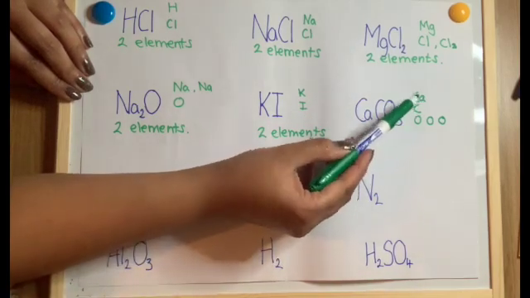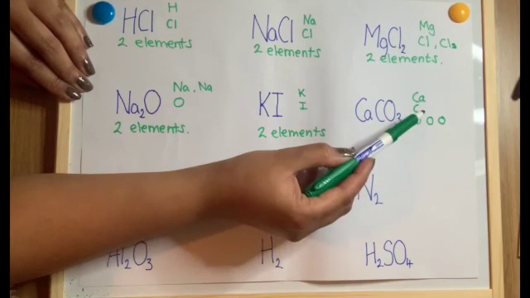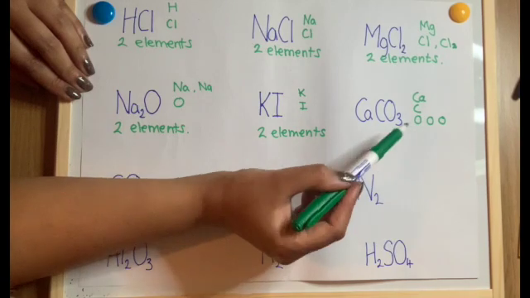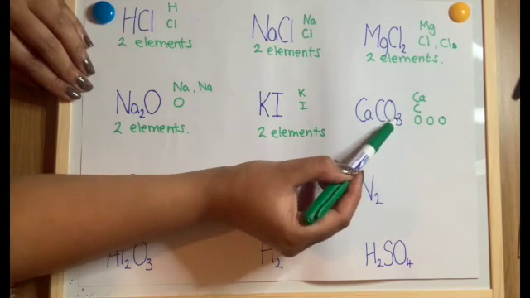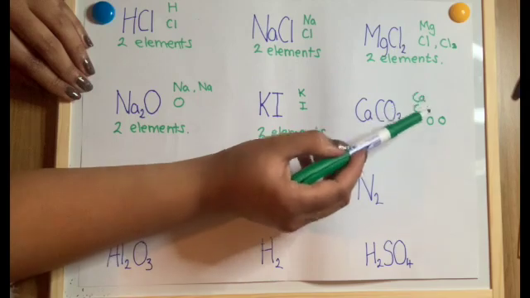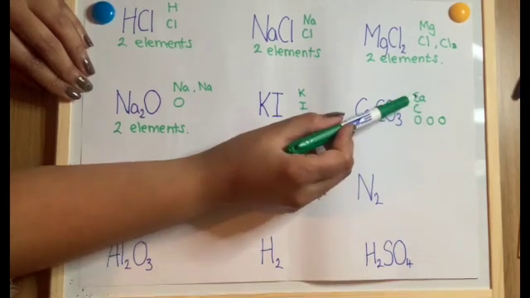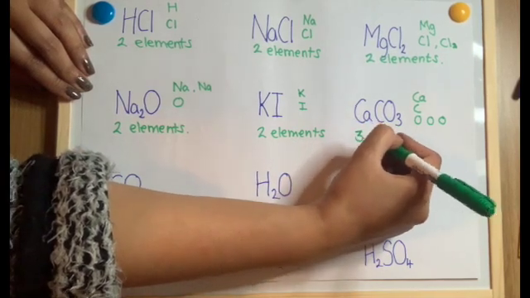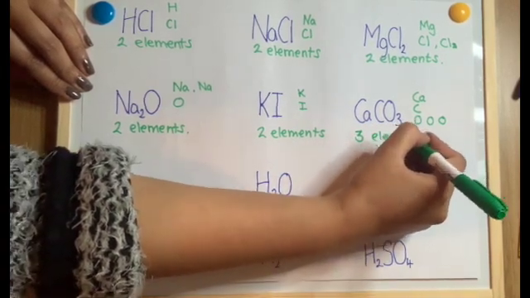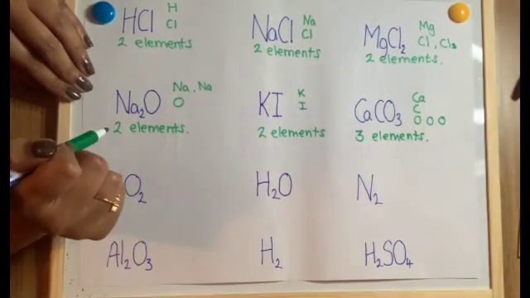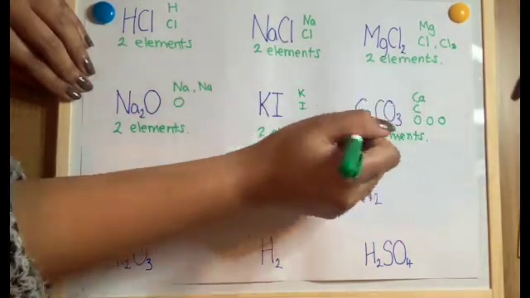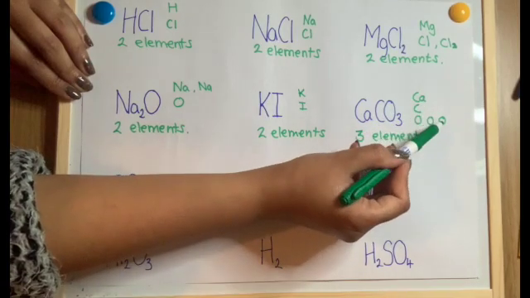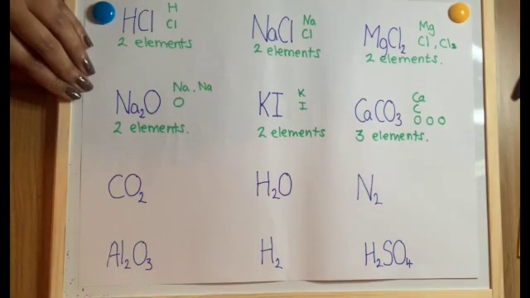So I've got 1 calcium, which is the Ca. I've got 1 carbon, which is the C. And then I've got 3 oxygens, which is the O3. So in terms of how many different elements, I have 1, 2, 3 different elements. But if the question was changed and I was asked how many atoms are there in this molecule, then I would say 1, 2, 3, 4, 5 atoms in that molecule.